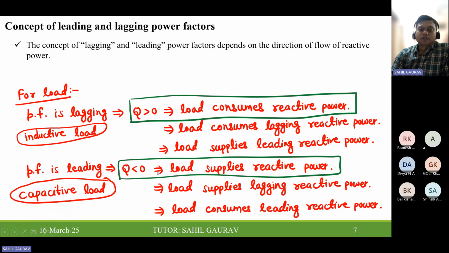So Q is negative means the load supplies reactive power, and you can also say that it supplies lagging reactive power. And in contrary, if a load supplies lagging reactive power, then it means the load consumes leading reactive power.